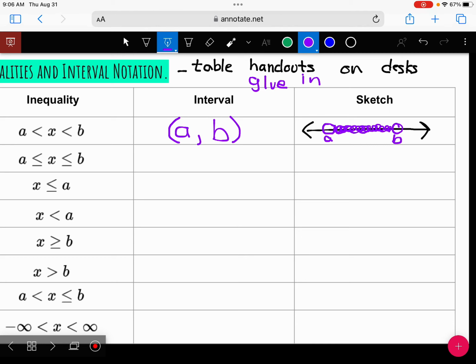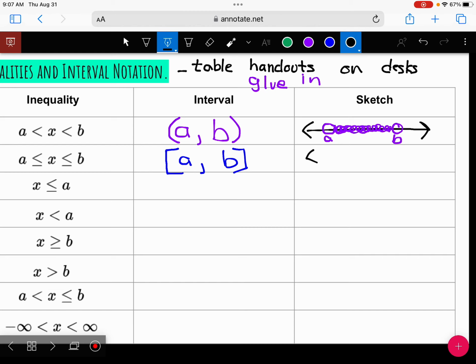Okay? So parentheses is when it's not equal to. I can't touch it. I think of parentheses as an obnoxious little sibling. Parentheses are like, I'm not touching you, I'm not touching you, I'm not touching you. I can get really close to it. It's obnoxious. If we can touch it, oh snap, like on the next one, we use the square. So this one, the smallest it's going to be is A, and the biggest it's going to be is B, and I can touch it. If it is a valid solution, we use a square bracket. If I could plug in whatever that value is and get something that works, we use the square.